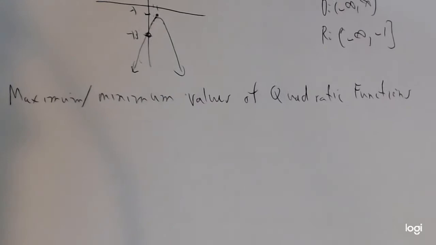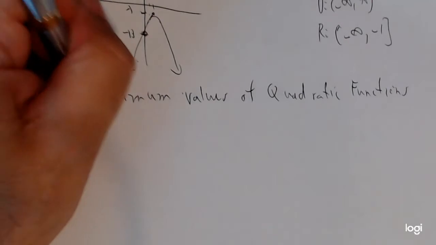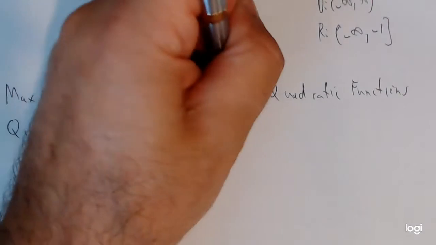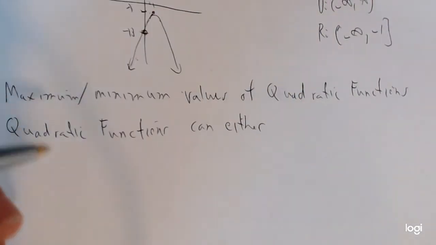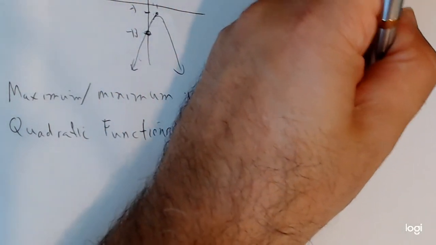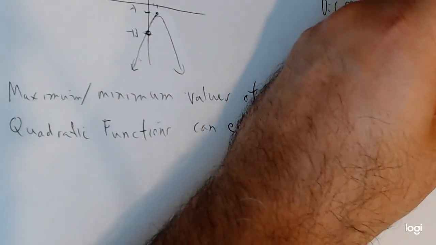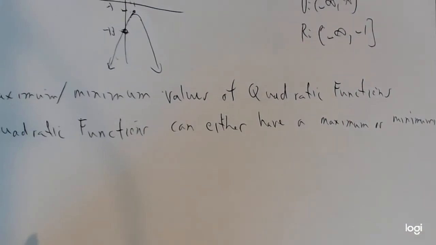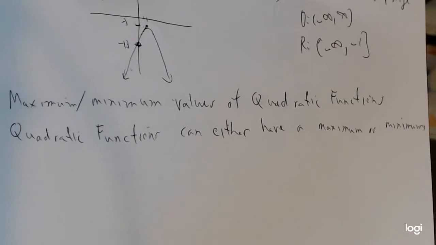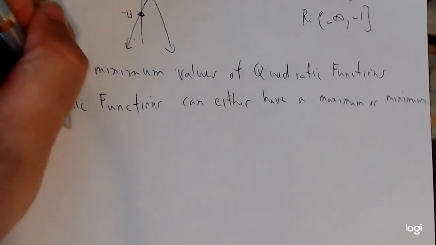Hopefully this next statement will make sense to you: quadratic functions can either have a maximum or a minimum, but can't have both at the same time.